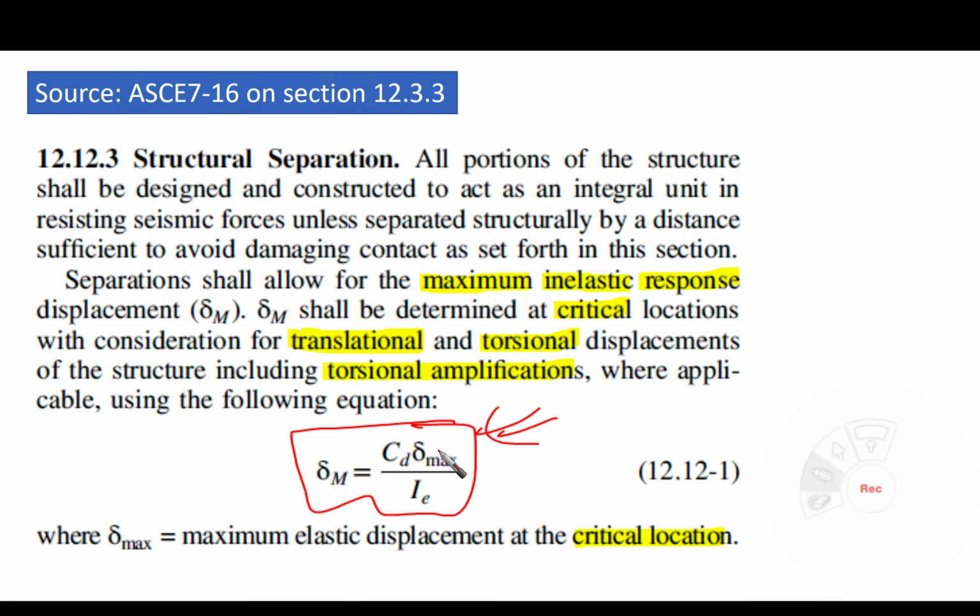This delta max is the maximum elastic displacement at the critical location. So we are going to calculate the maximum elastic, then multiply it by the deflection amplification factor Cd, and divide by Ie. I have explained why we multiply by Cd and divide by Ie in the video related to the drift calculation. So please revisit that video for understanding the rationale of this equation.